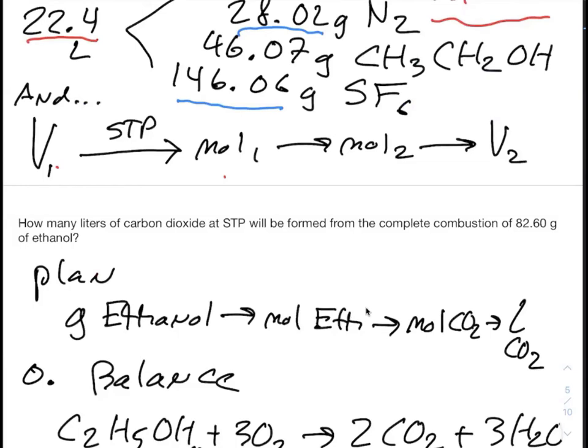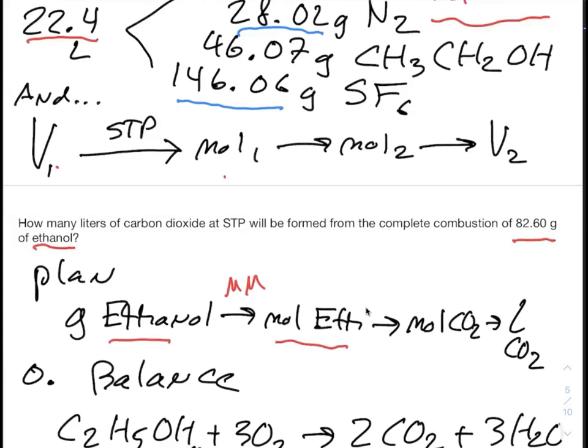STP is the gas I want to find, not what I'm given. What I'm given is grams of ethanol. So my plan is to go from grams of ethanol to moles of ethanol. For that, I would use the molar mass. That's something we did with stoichiometry or just mole conversions in the past.